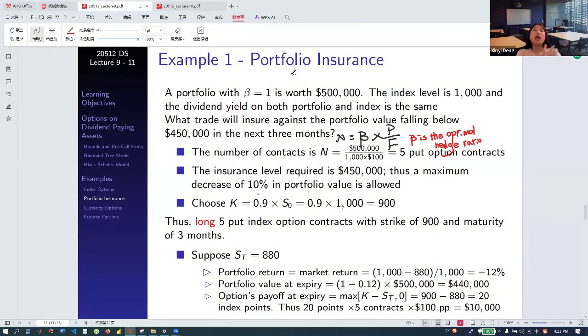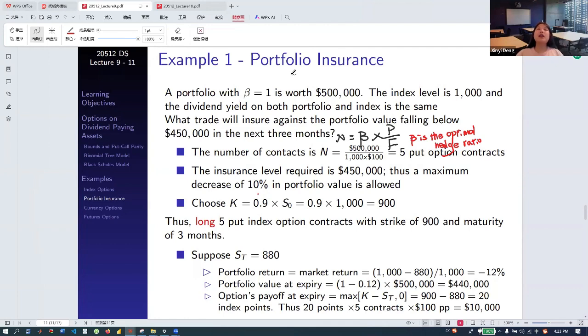For example, when we are long the stocks, we are going to try to hedge that portfolio's market risk, not by holding the stock index, but actually by shorting the stock index option.